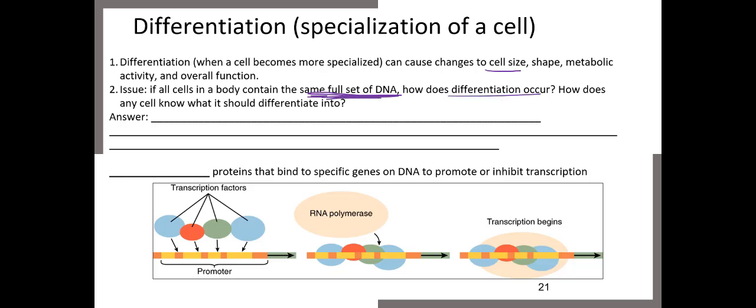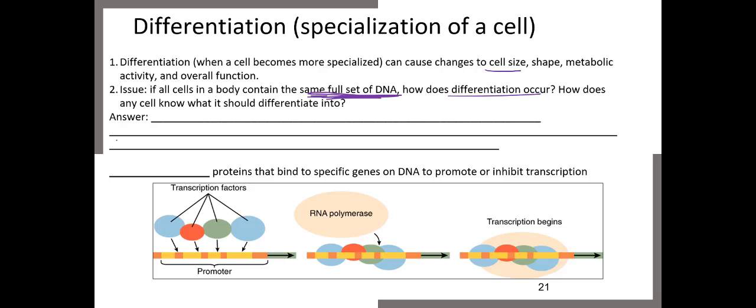So the DNA in your muscle cell is exactly identical to the DNA in your bone cell, is exactly identical to the DNA in your nerve cell. So how does the DNA in each of these specific cells know what it should differentiate into?